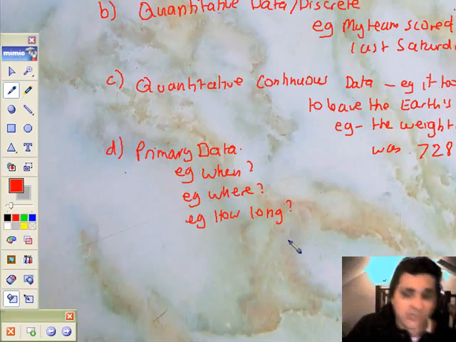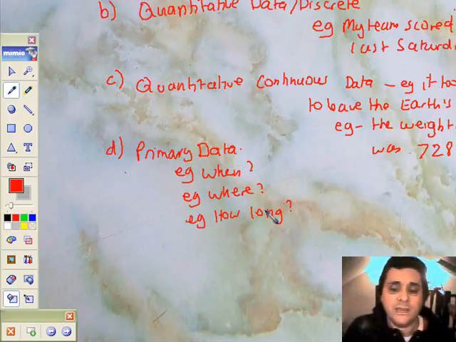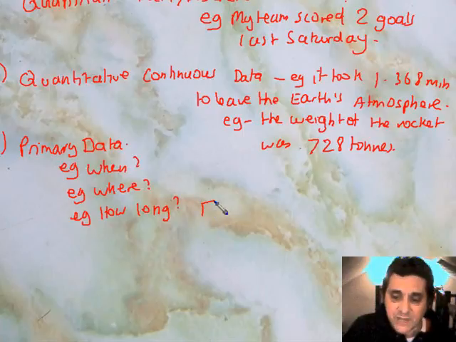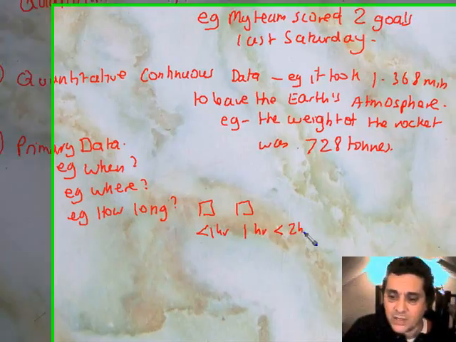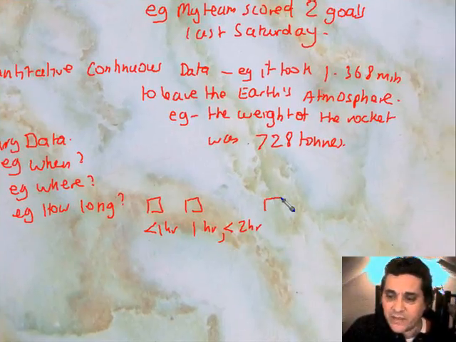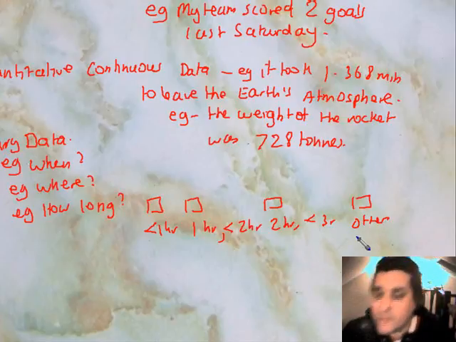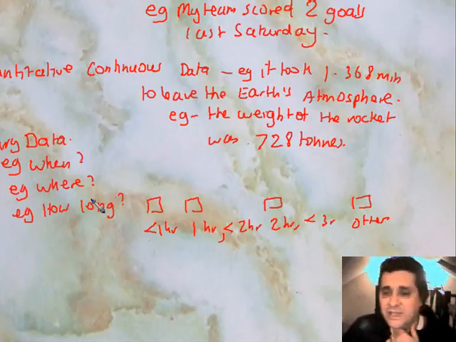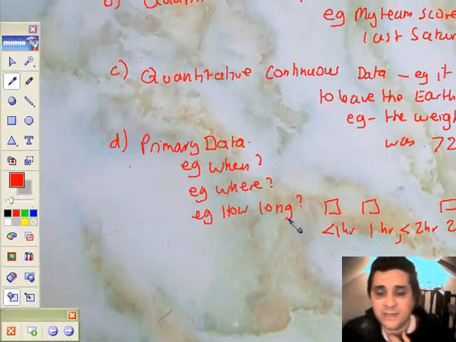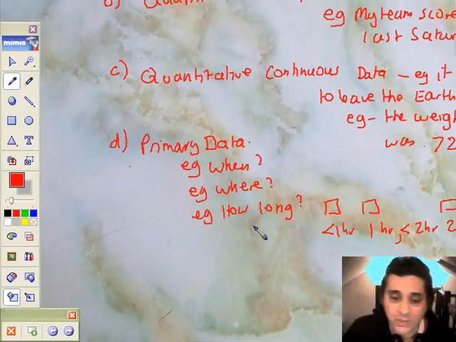So all this is primary: when, where, how long, and you can even give options. For example, less than 1 hour, from 1 hour but less than 2 hours, 2 hours but less than 3 hours, and another could be other, or over 3 hours. That would be quantitative as well.